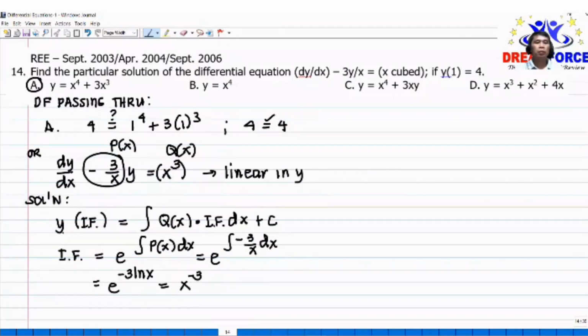So substitute here: y times x raised to negative 3 is equal to Q as a function of x, which is x cubed, times x raised to negative 3 dx plus c.